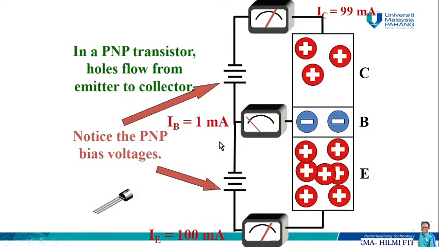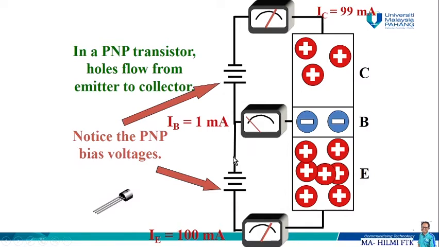So what we are going to have is the holes from E are going to move to B, and then it will complete the circuit, and it will also pass through the border region of B and C, and flow to the collector and complete this circuit.